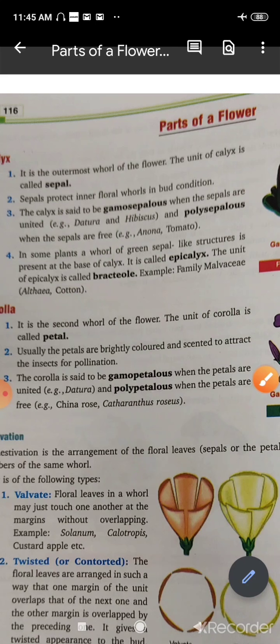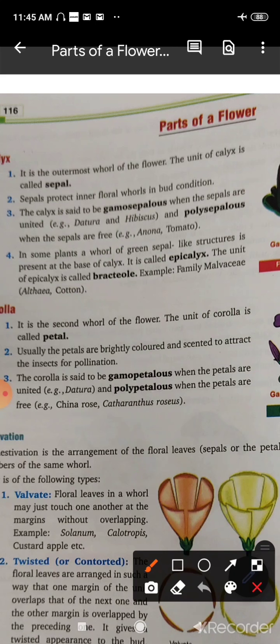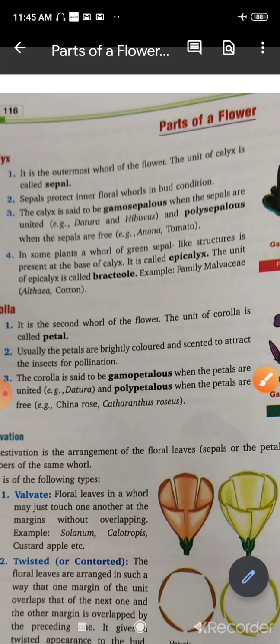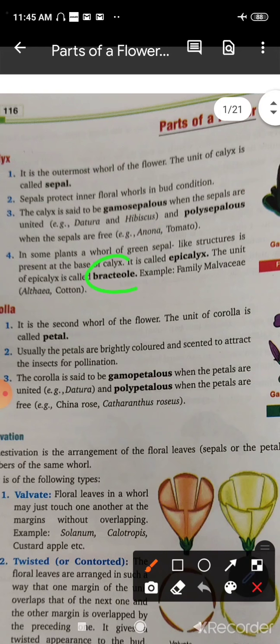Now what is the unit of epicalyx? Again I draw the diagram here, with sepals, and these are the epicalyx. This unit of epicalyx is known as the bracteole. Family Malvaceae has this.